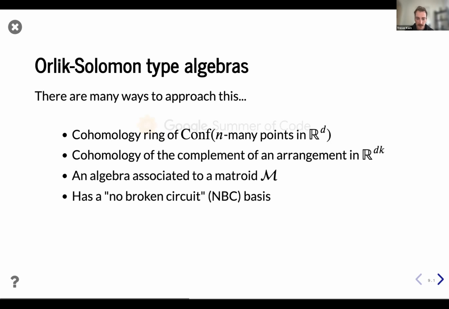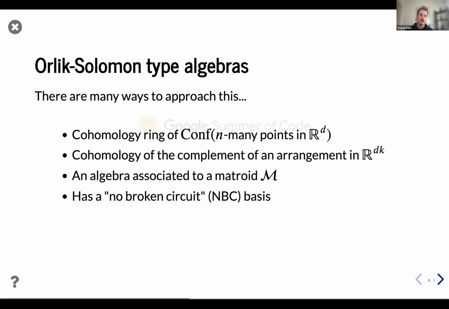And I can tell you the basis. The basis consists of these things called no broken circuit sets. I won't define exactly what a broken circuit is, but it has to do with the dependence relationships within a configuration of vectors, and also the order on those.